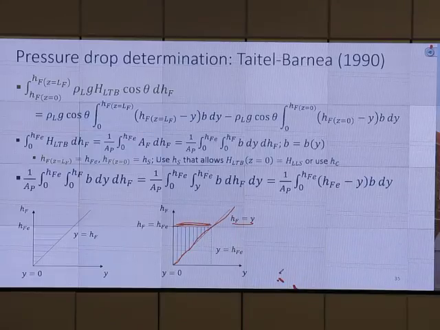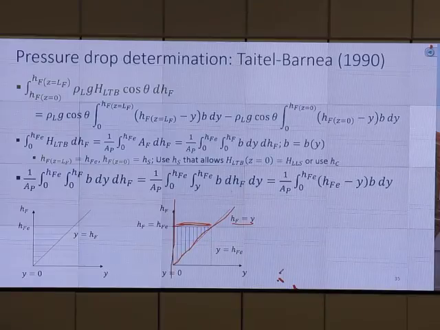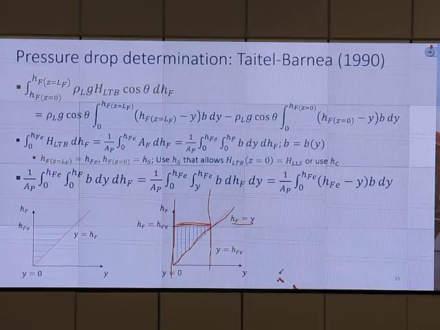If we integrate from the bottom boundary to the top boundary, this limit has to be bounded by some domain of y, and it's bounded by y equal to 0, which is this line, and y equal to hfe. Okay, good. So it's just double integration and the trick of changing the integration limit.